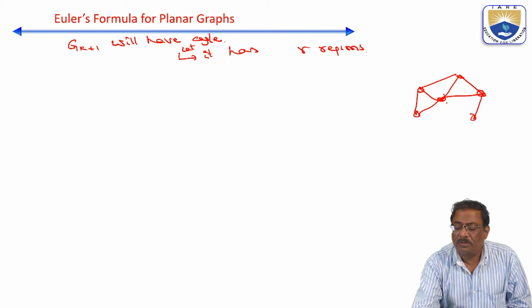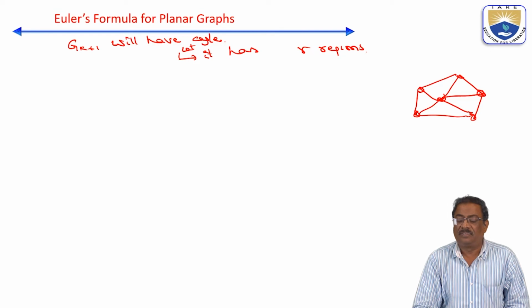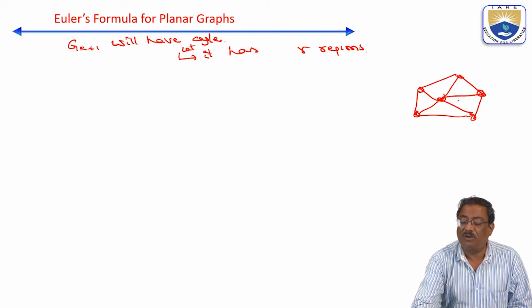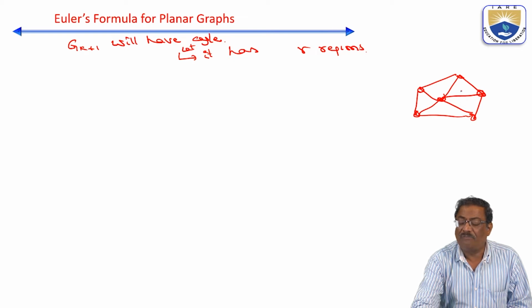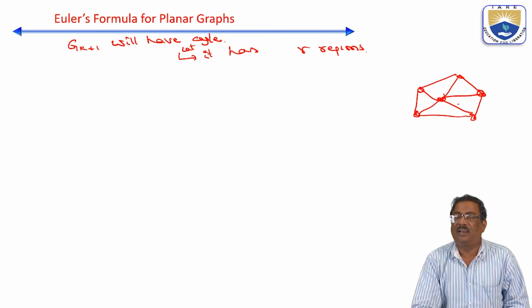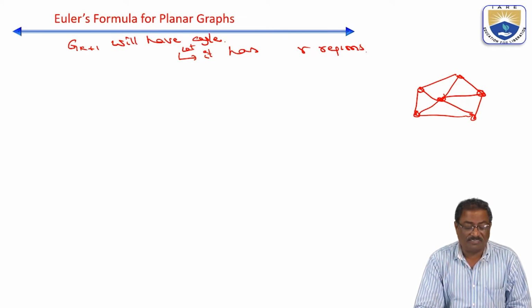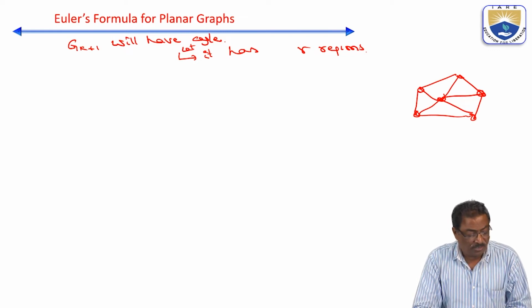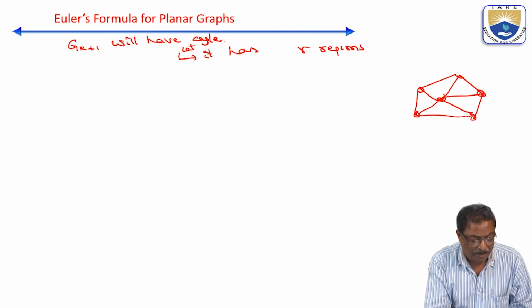So now, I am going to consider a graph like this. This has some regions. So one edge will be there. If I remove the edge, then automatically the number of regions is also going to be reduced by 1. So here, let us assume that it has k.